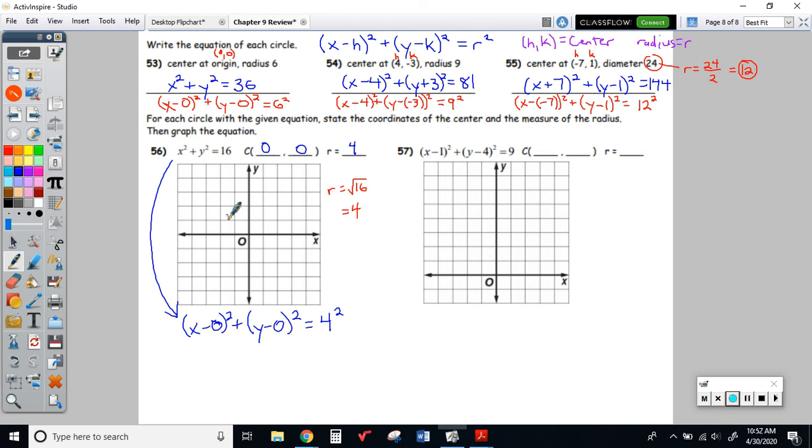We're graphing the equation. I'm going to have to do a freehand sketch here since my tools don't like it when I'm making a video for whatever reason. So 0, 0 is the center. Your radius is 4, so from there I'm going to go out 4 in each direction, vertical, horizontal from that point, and then I'm going to do my best with this tablet to draw a freehand circle.